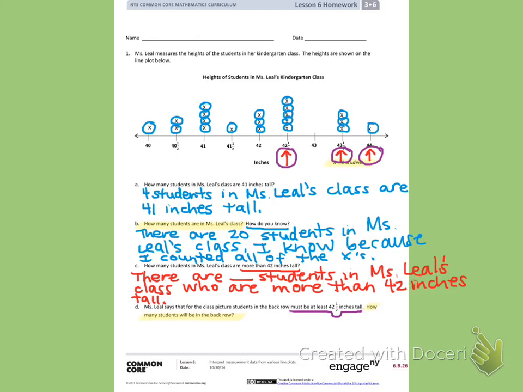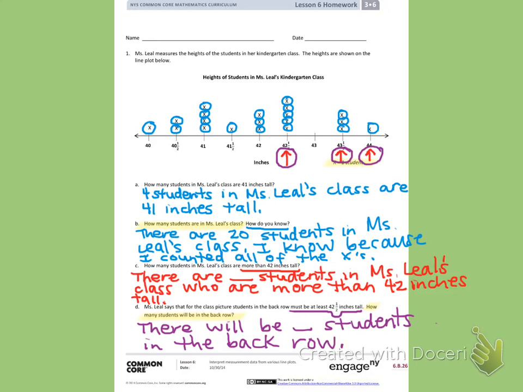How many students will be in the back row? There will be blank students in the back row. All right, that's it for this side.